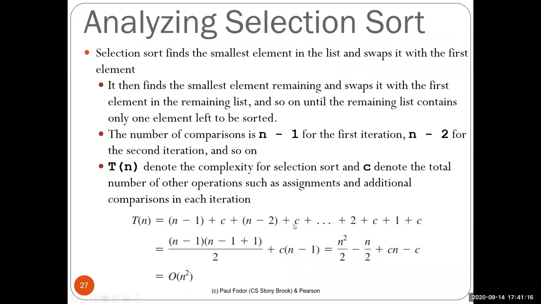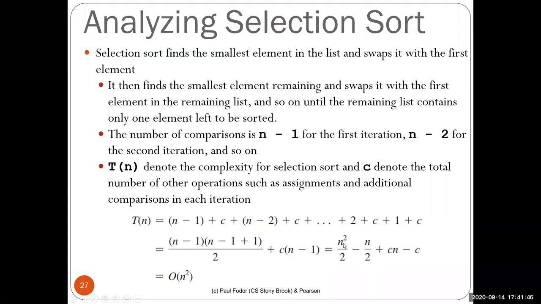It's 1 plus 2 plus 3 up to n-1, which is (n-1)(n-1+1)/2, plus (n-1) multiplied by a constant c, because for every element you had to check if you have to do the swap. And this is equal to n squared divided by 2 minus n divided by 2 plus cn minus c.